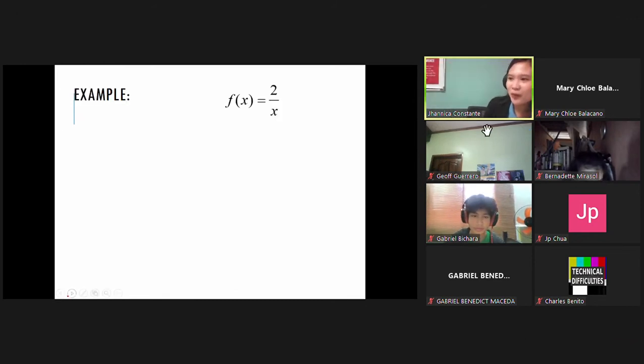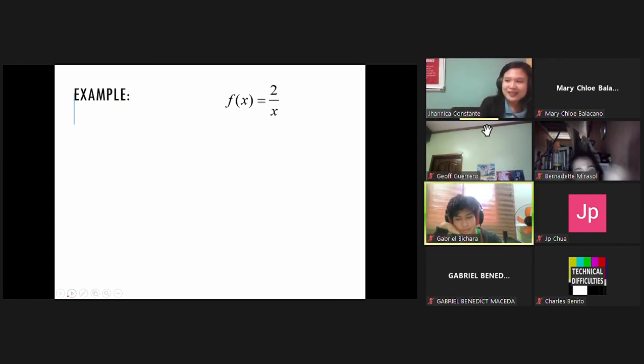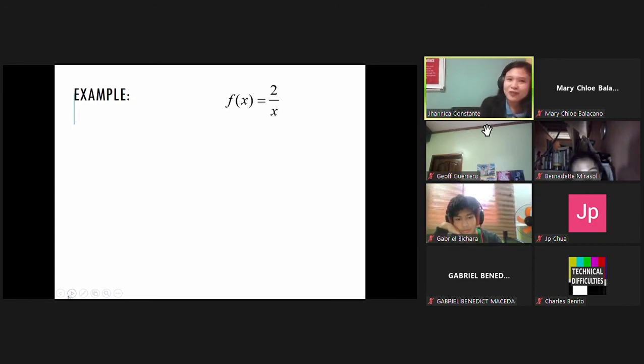For example, we have this rational function: f of x equals 2 over x. What will be the vertical asymptote of our function? Give me the vertical asymptote.